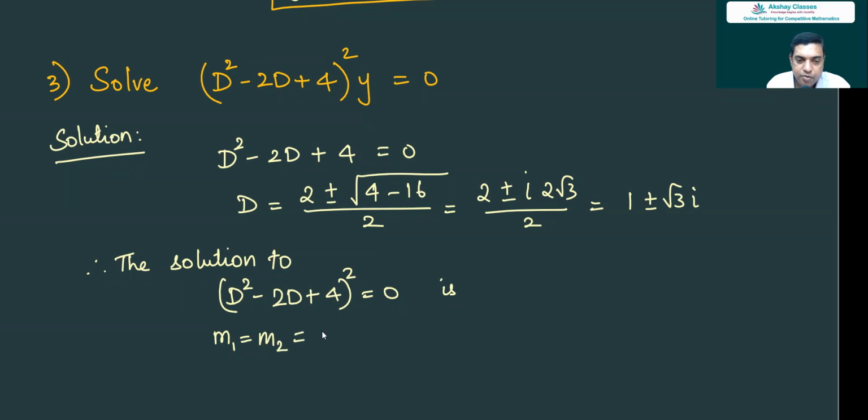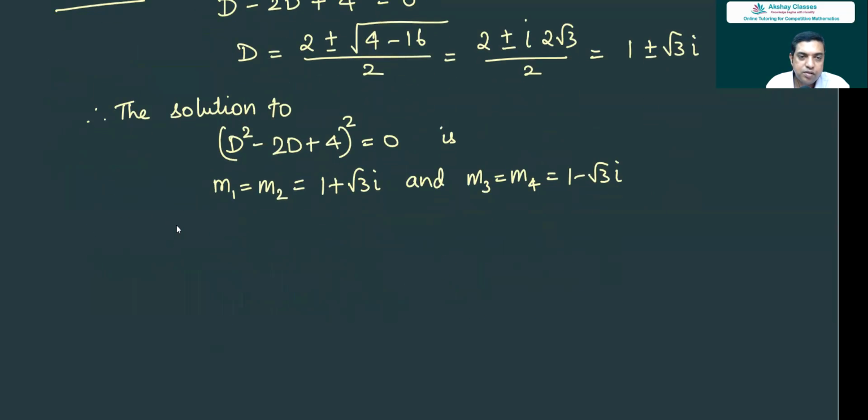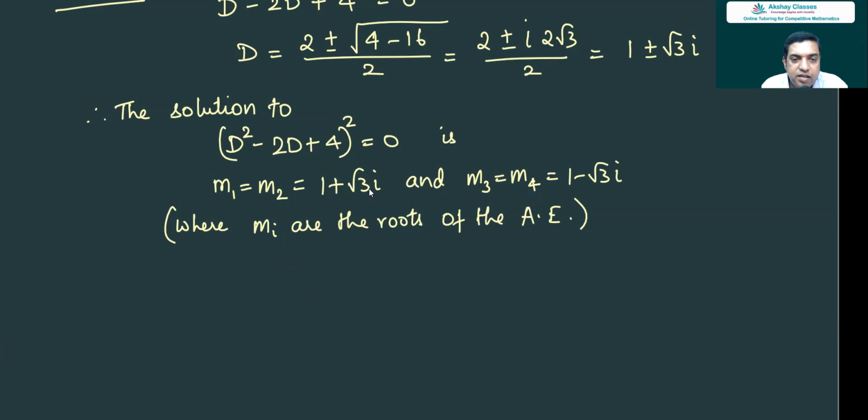So let's say m1, m2 is 1 plus root 3 i, and m3, m4 is equal to 1 minus root 3 i, where mi are the roots of the auxiliary equation. So these are the roots.